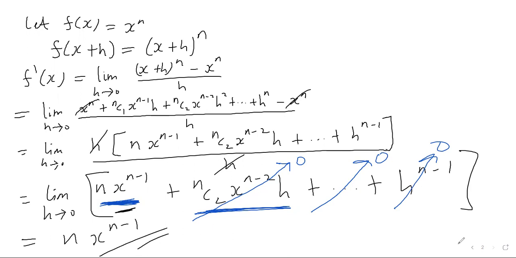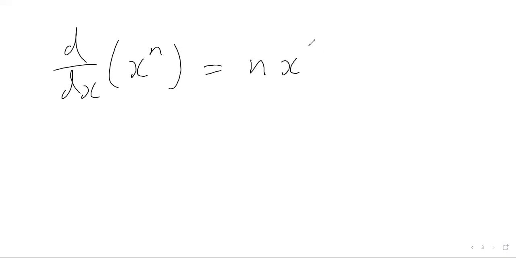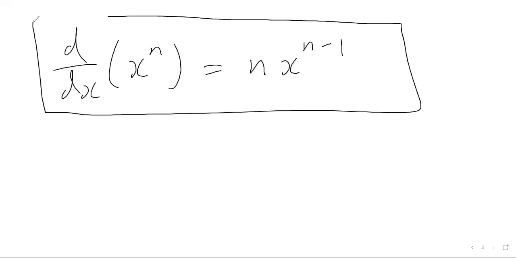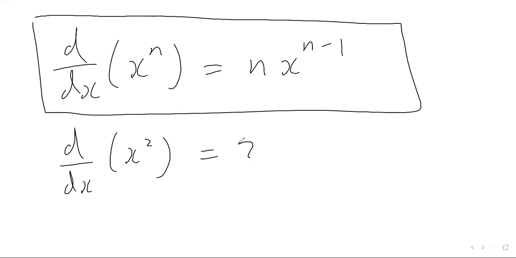So what we know then is that when we differentiate x to the power of n with respect to x, we get n multiplied by x to the power of n minus 1. You would have seen this before if you've done differentiation, because if you differentiate something like x squared, that's just going to be 2x.